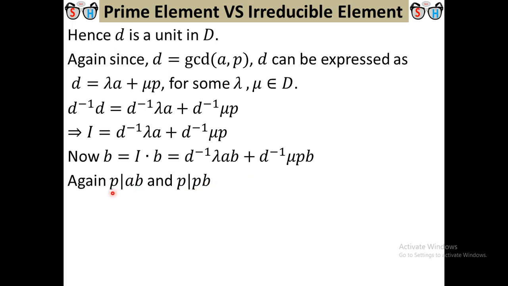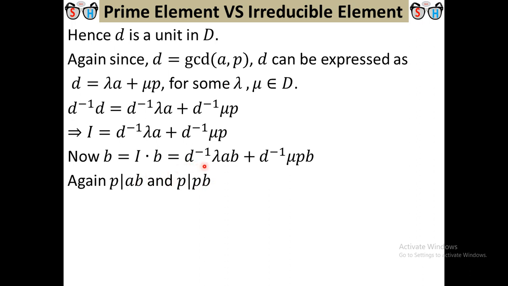Now, we assume that P divides AB, and P divides PB obviously. Actually, our target was to show that P is prime. For that purpose, we assumed that P divides AB and P divides PB. It is obvious because PB equals P times something. Since P divides AB and P divides PB, therefore P divides AB times something plus PB times something.